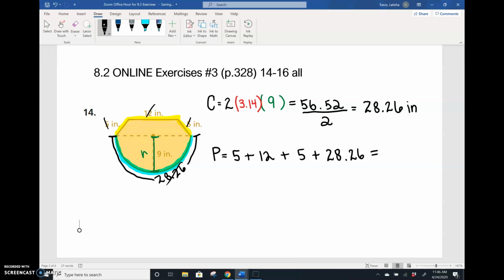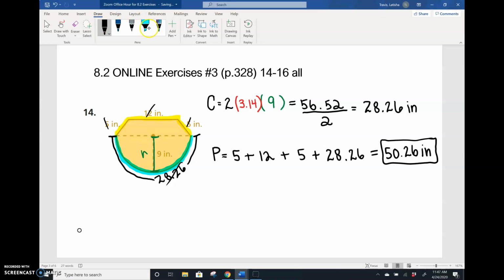All right, and if you do all that addition correctly, you will get 50.26 inches. That's the perimeter for number 14.